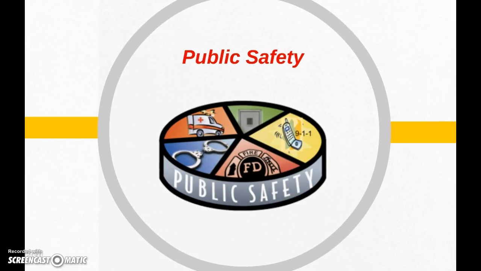So another goal would be public safety. This can come about in different ways. Sometimes this means looking at flood maps and not building neighborhoods in floodplains. This could mean making sure there's enough police, fire, ambulance facilities to serve your community.